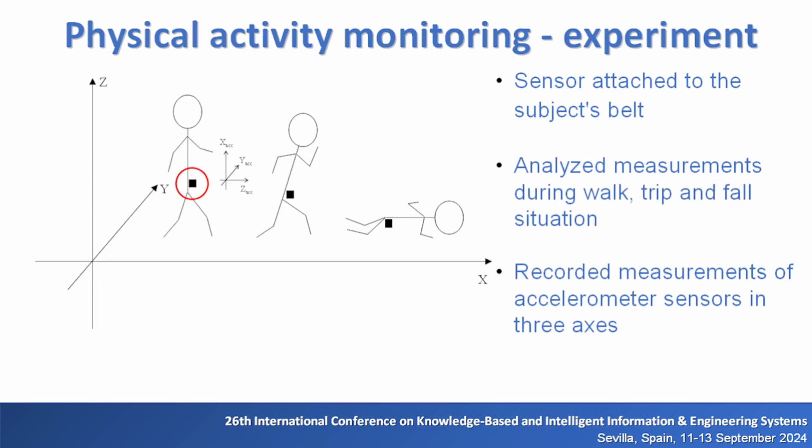An experiment was carried out involving 9 volunteers, and the sensor was attached to the subject's belt, and measurements were analyzed during walk, stumble and fall situations, and the measurements of accelerometer sensors were recorded.